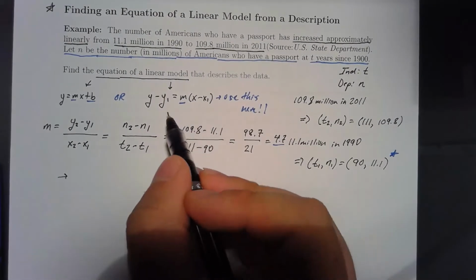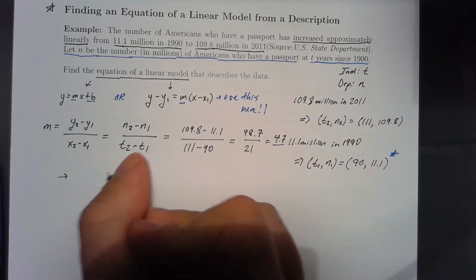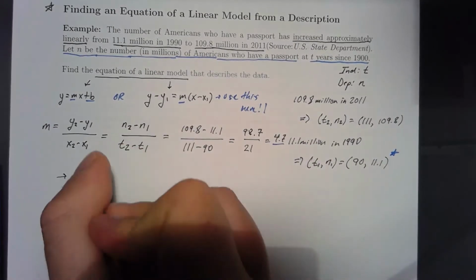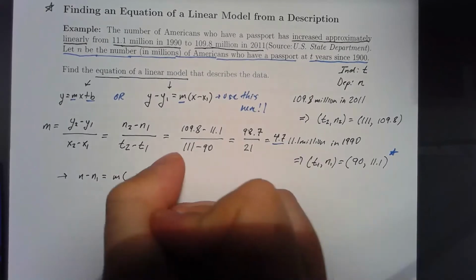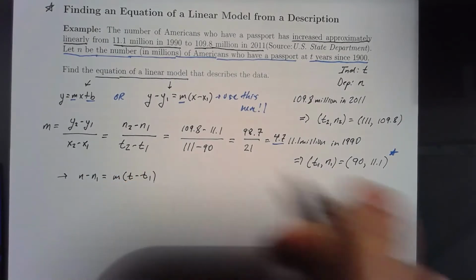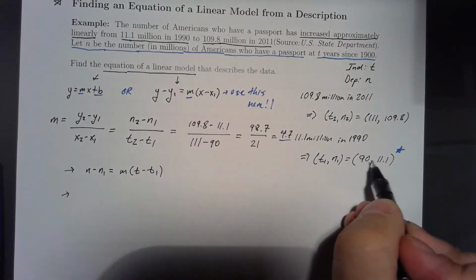Now, again, I could make the substitution as y for n and x for t. I'll do that again. So this will be n minus n1 equals m times t minus t1.